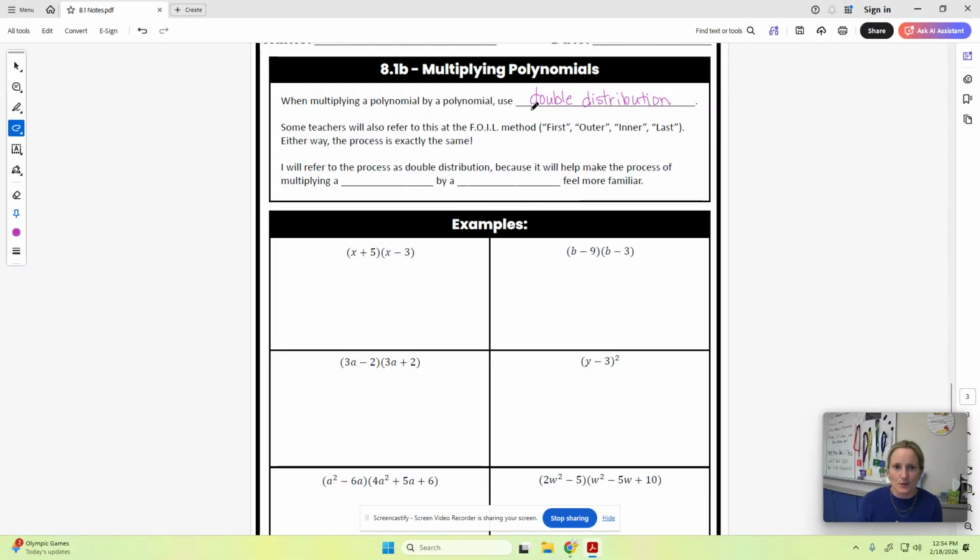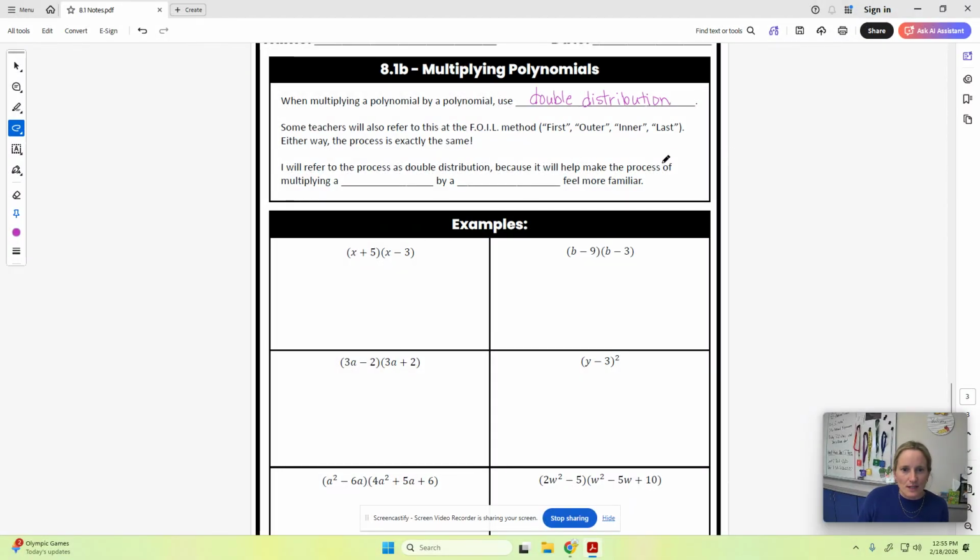But like I said before, it's still the exact same process. This is just a different way that some of us old folks were taught to remember it. I'm always going to try to refer to it as double distribution because to me, it helps you understand the process and not just memorize a clue.